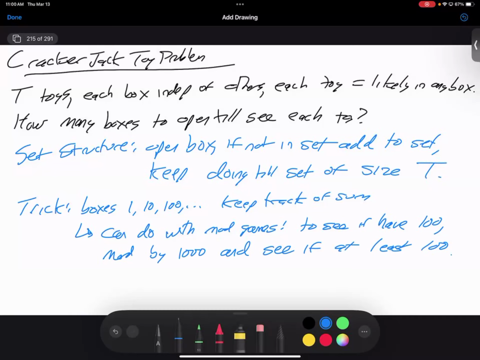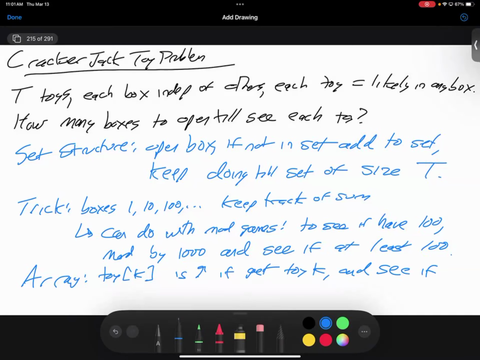You could have an array, and maybe toy k is increased if we get toy k, and see if all are positive, if the product is positive.